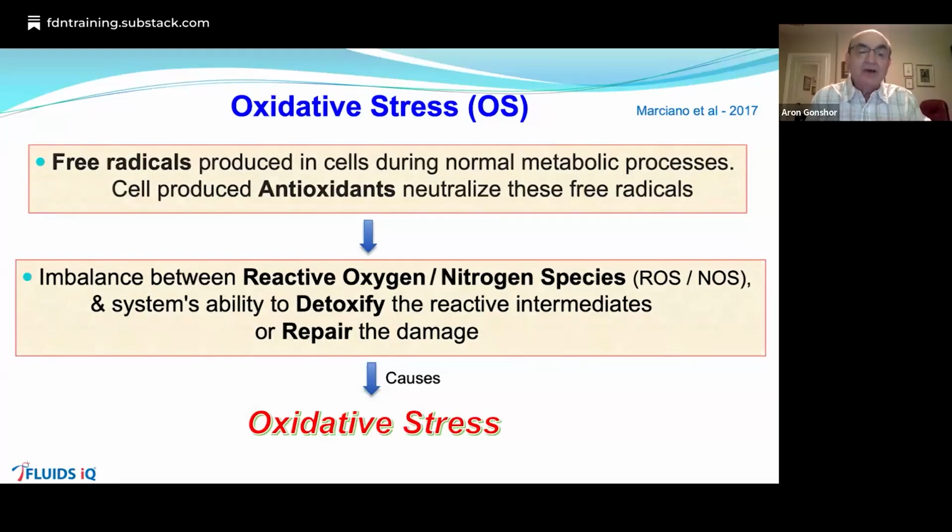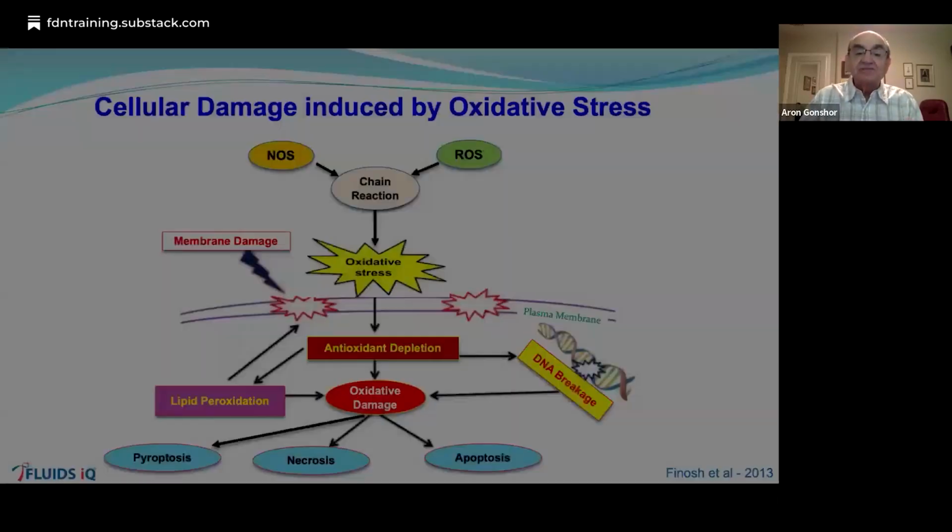So the cell is always producing antioxidants to neutralize these free radicals, which is the byproduct of breathing, of the cell breathing, of using oxygen. So the imbalance of these, what we call reactive oxygen and nitrogen species, and the cell's ability to detoxify these reactive intermediates, is oxidative stress.